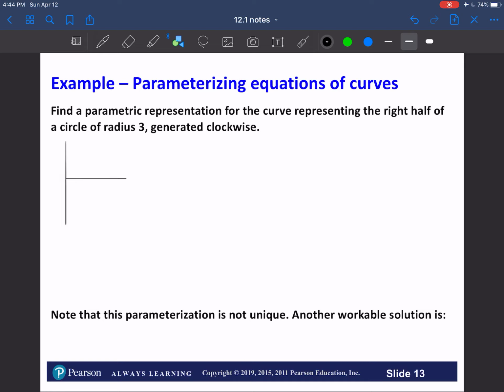We want a circle of radius 3. So here's 3, here's -3, and that's 3 as well. Okay. And we want this thing to be generated clockwise. When it says generated, that means that the arrows point in a clockwise manner.